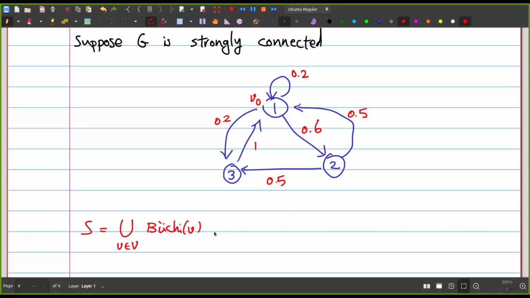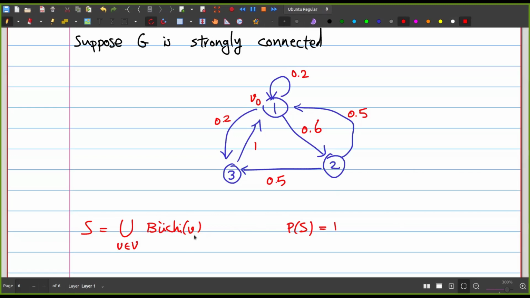I know that S is the union of Büchi of V, and I also know that the probability of S is 1. That's an axiom, right? So there should be some Büchi V that has non-zero probability, because if all of them have probability 0, then their union should also have probability 0, which means S should have probability 0. That's not possible.